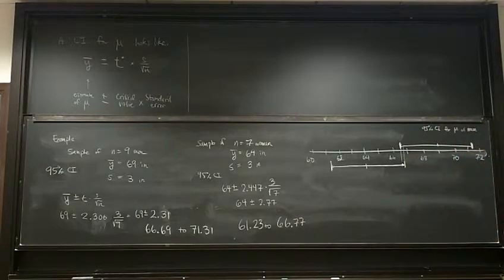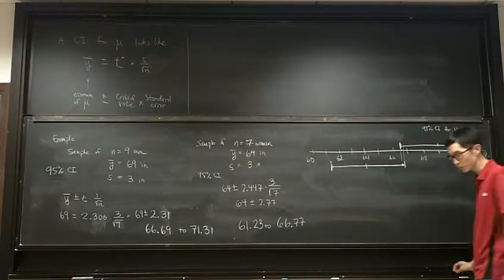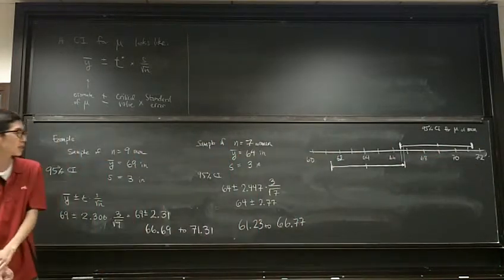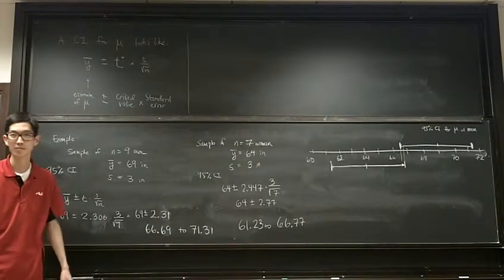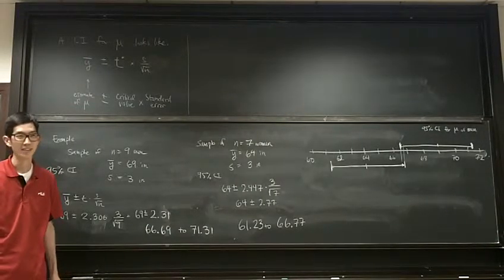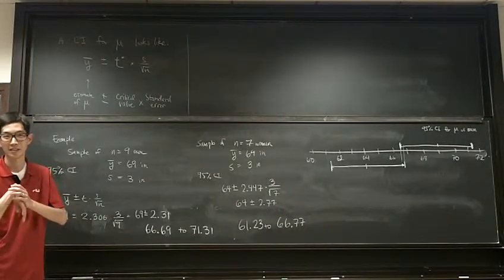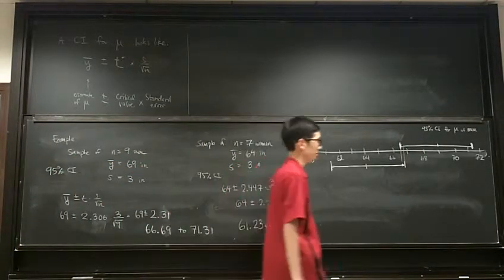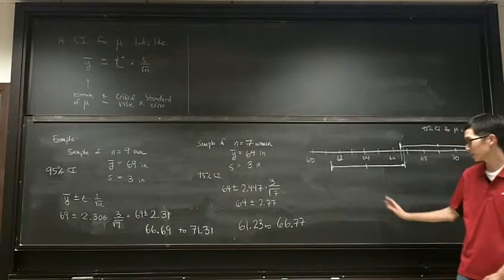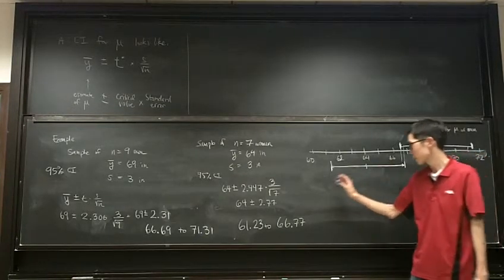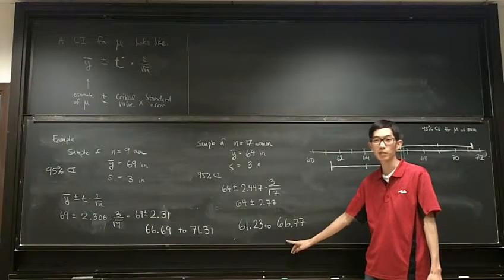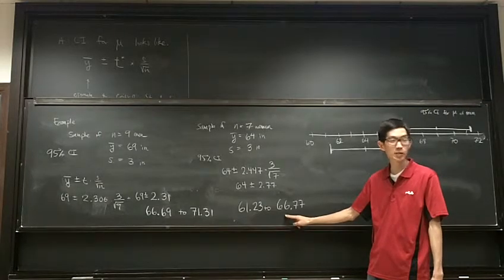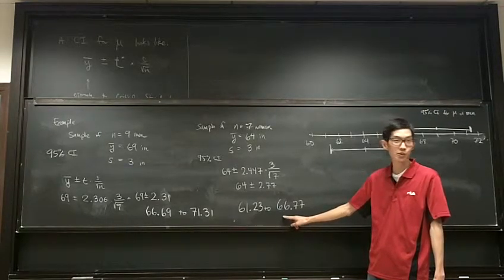So what does that mean? If I said, does this provide evidence that the mean height of men and the mean height of women are different, what would you say? Let's back this up. This is the confidence interval for the mean height of women. Does this provide evidence that the mean height of women is not 70 inches?